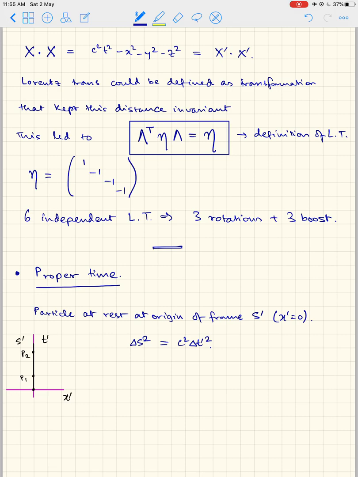Now, as you can see, the invariant interval between two points on this world line is proportional to the time experienced by this particle. We have seen that delta S is the same in all frames, so this is going to be invariant.